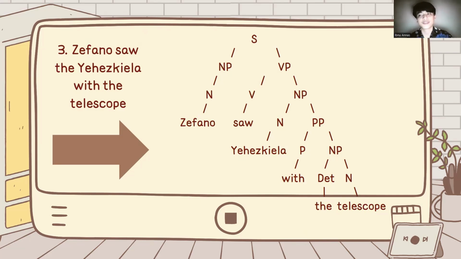To explain the deep structure, it depends on which noun phrase with the telescope modifies. That's why we need two diagrams to clarify the meaning.